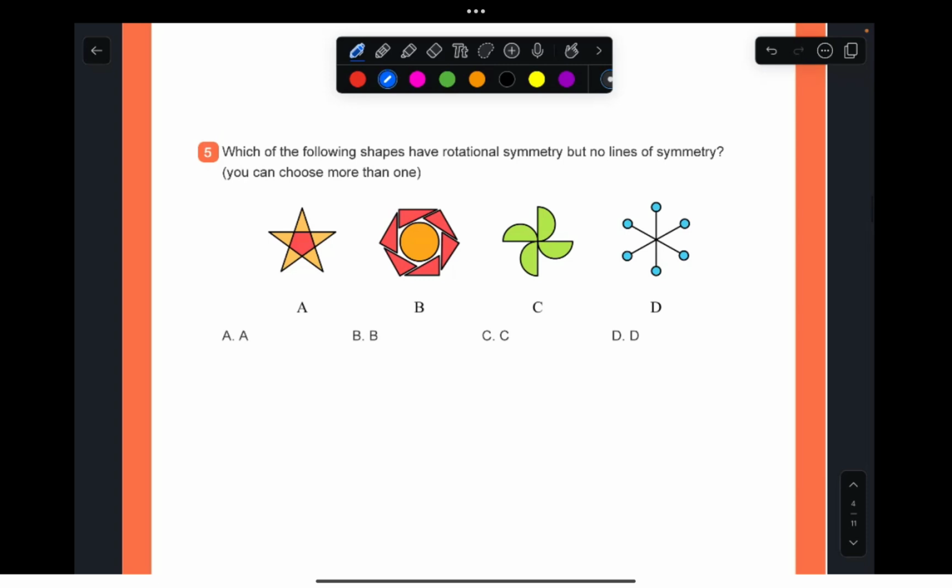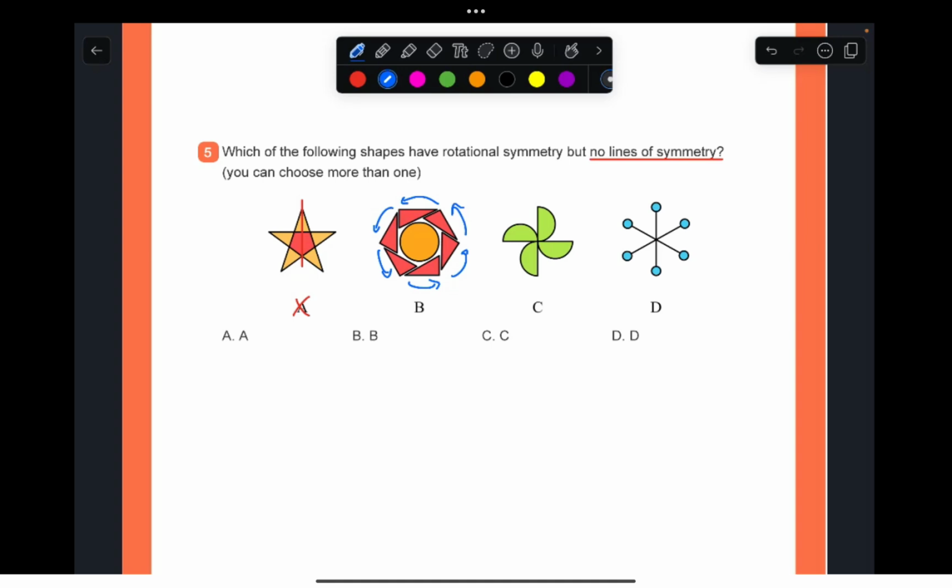Okay, and then we go on to question 5. Which of the following shapes have rotational symmetry but no lines of symmetry? Okay, so since A has lines of symmetry, A is not the answer. We have to find out those that have no lines of symmetry and also have rotational symmetry. So A is wrong. B doesn't really have lines of symmetry and it has rotational symmetry, right? Because you can rotate it right here.